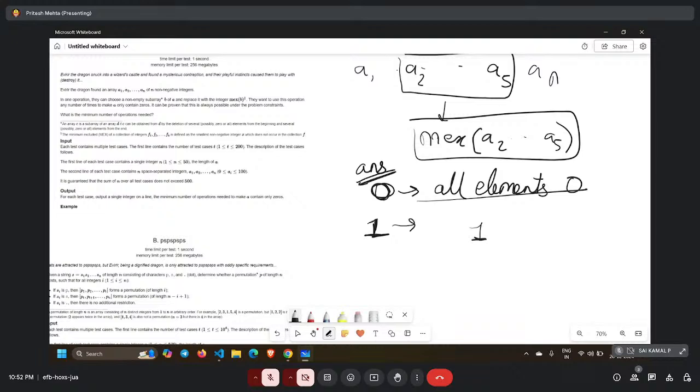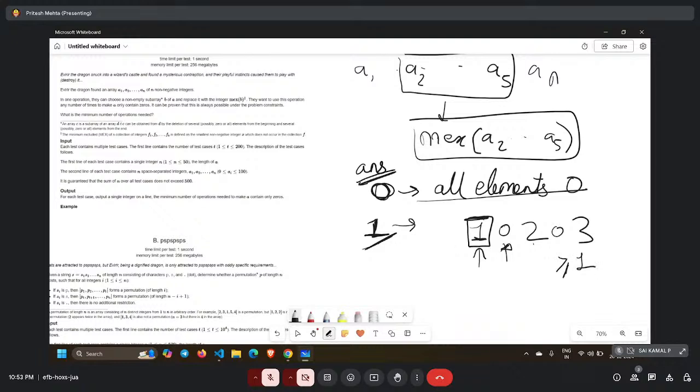Now let us take an example array. In one operation we can't make the whole array 0 if we pick a 0 in our subarray, because the mex of any subarray that contains 0 is greater than or equal to 1.